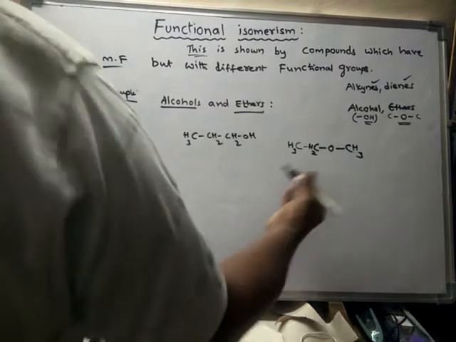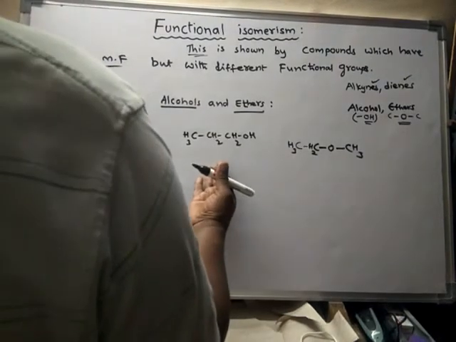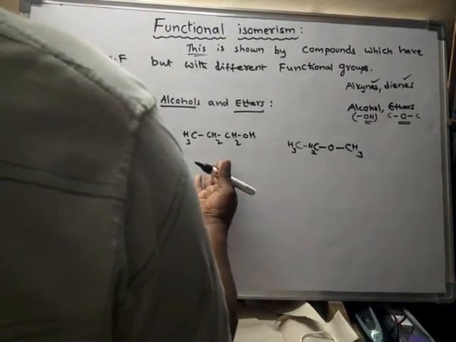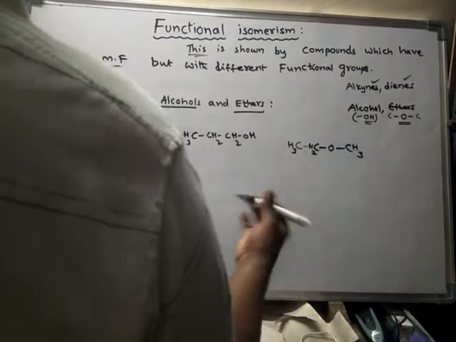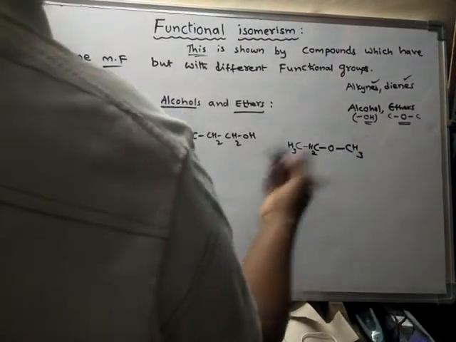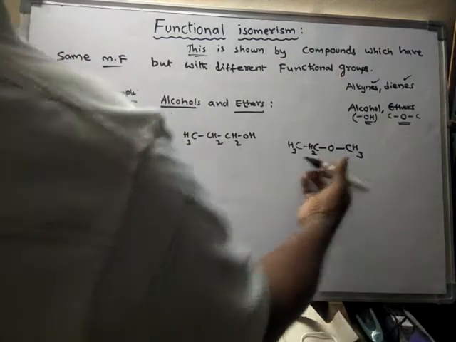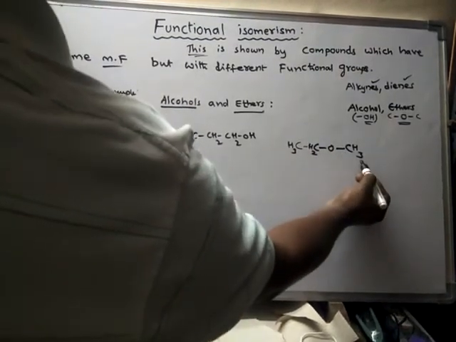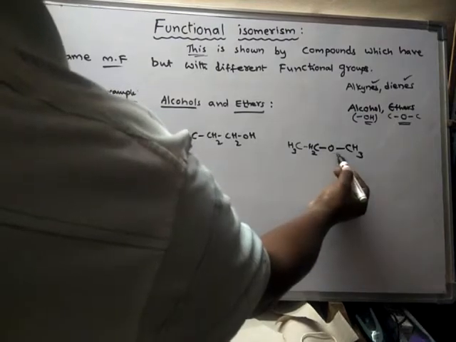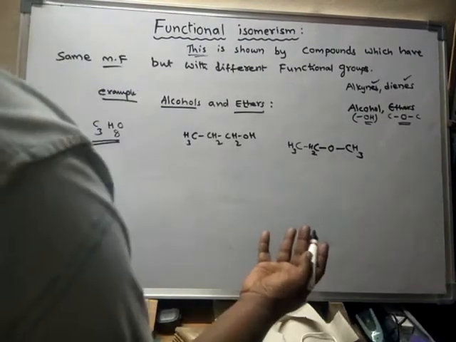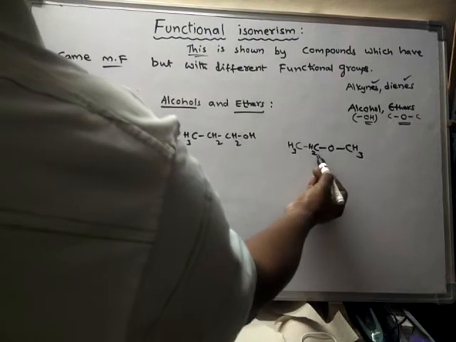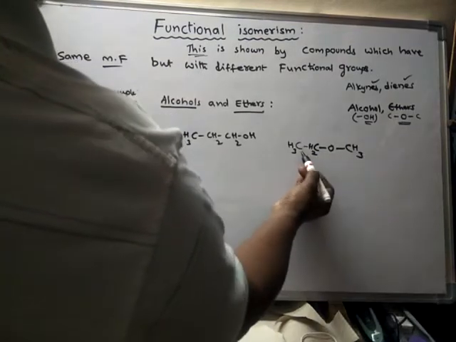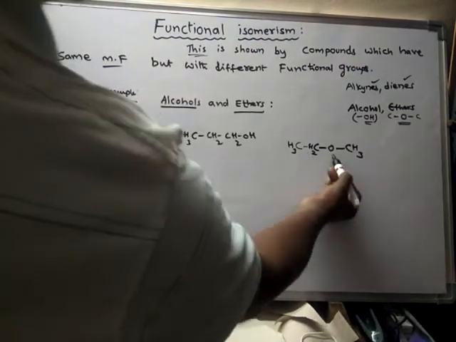Okay, so this is ether and this is alcohol. So ethyl methyl ether. While writing the name of ethers, this is the ethyl group and this is the methyl group, and this is the ether functional group. So we have to write in alphabetical order. Ethyl will come before methyl. That is why ethyl methyl ether.